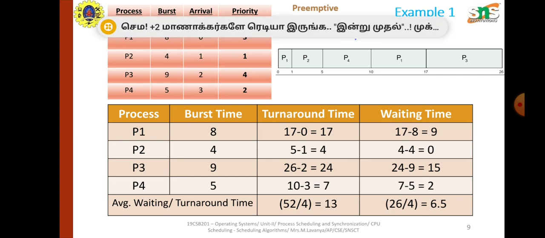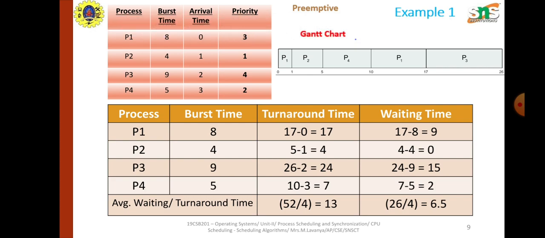At 3 milliseconds the process P4 arrives in the queue. P4 has the priority value of 2, and comparing all the priorities, P2 still has the highest priority, so P2 will continue its execution.